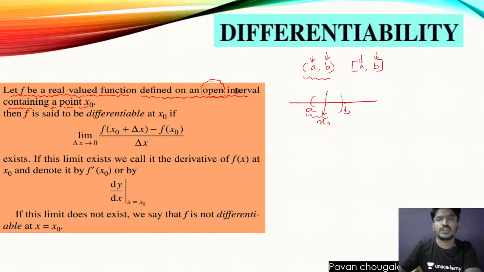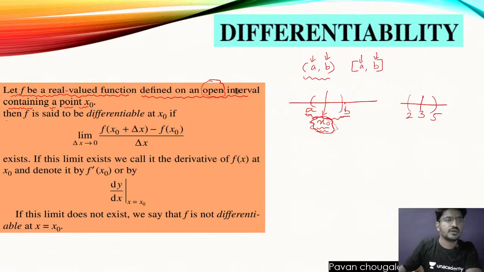Suppose for example your interval is from 2 to 5, here they can choose 3. Like that, from the open interval a comma b, they choose one element, that is x naught.